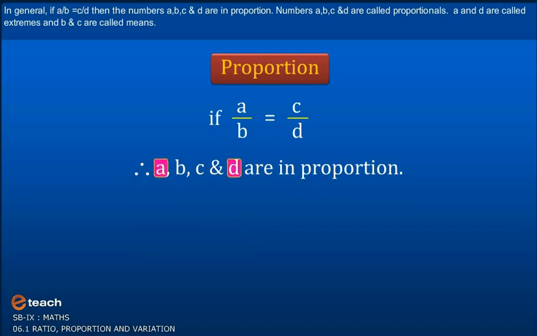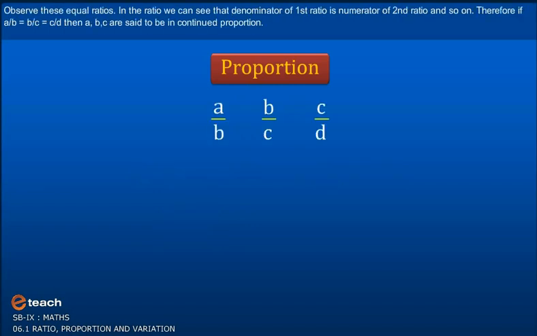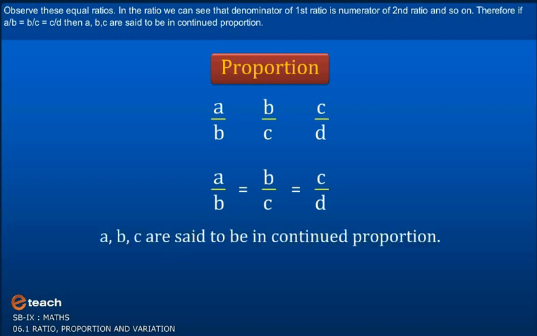A and D are called extremes and B and C are called means. Observe these equal ratios. In the ratio, we can see that denominator of first ratio is numerator of second ratio and so on. Therefore, A by B is equal to B by C is equal to C by D. Then, A, B, C are said to be in continued proportion.